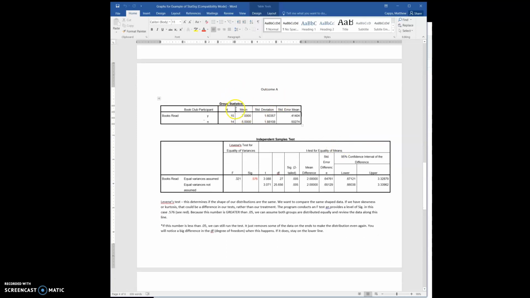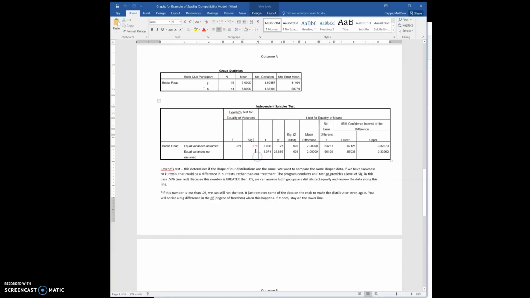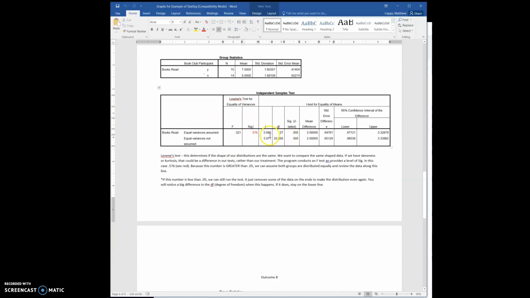So here's outcome A. There's 15 that were in the group, 14 not in the group. As we saw, there's the mean for in the group, not in the group. This is kind of a detailed issue, but this Levene's test has to do with how well we can assume the variances are distributed.